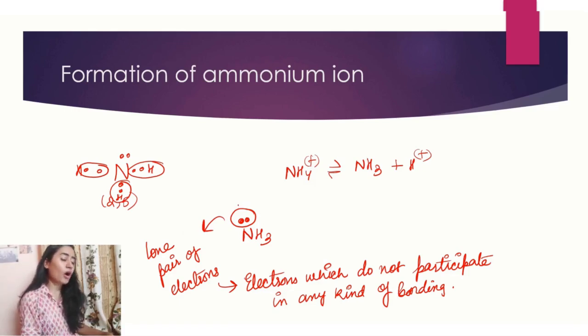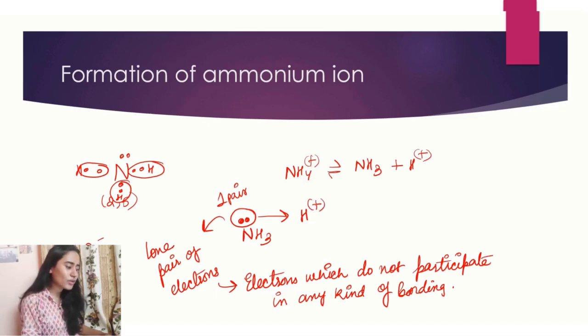How many lone pair present in ammonia? 1 pair. See, I'll consider the pair, not 2 electrons. A lone pair contains 2 electrons. One lone pair is equivalent to 2 electrons. But how many pair is present? Only 1 pair.